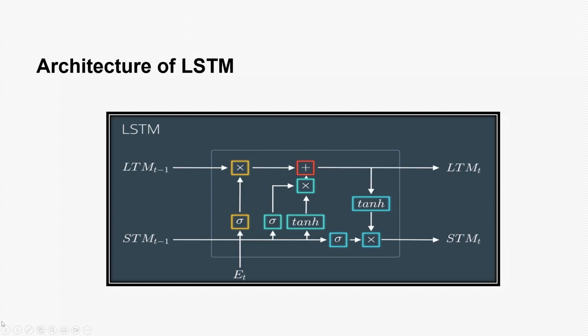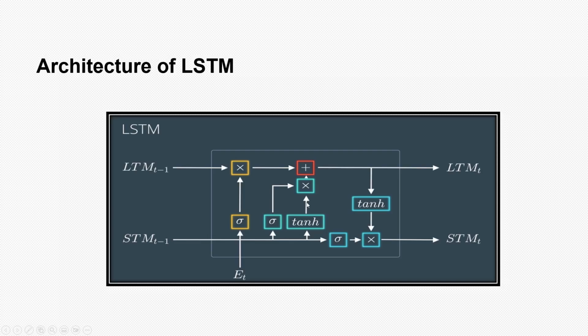The long-term memory passes through all the recurrent cells, but the short-term memory only passes to the nearest one. And if you remember the previous slide, vanilla RNN used only one type of activation function. Here we can see two types of activation function, four activation functions in total.